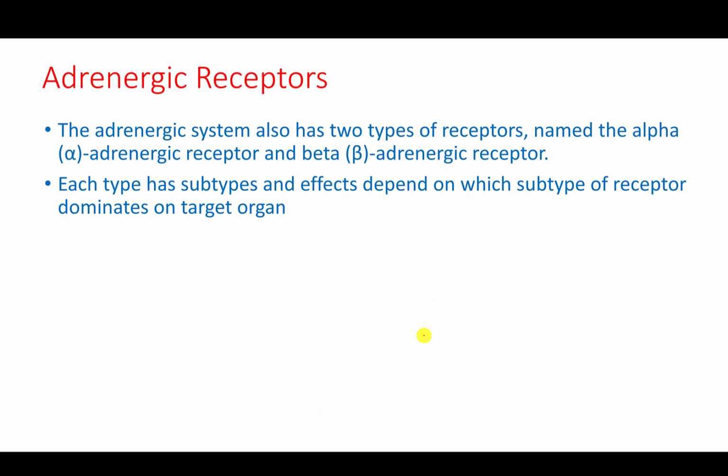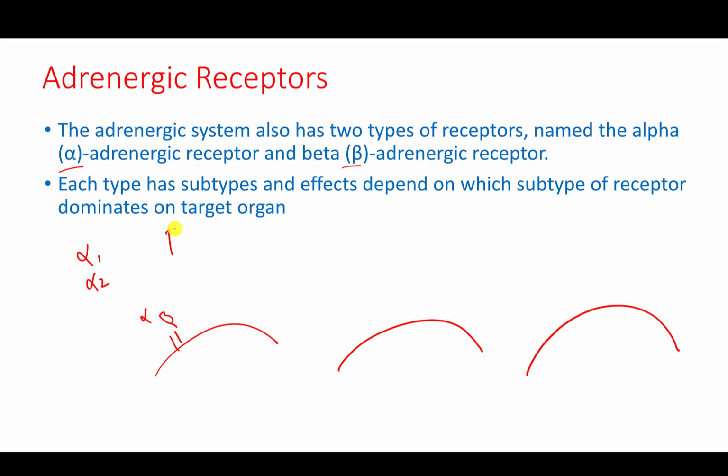For the adrenergic system, also we have two types of receptors. We have alpha receptor and beta receptor. And usually the cells of these organs would display the two types, alpha and beta. However, we have subclasses of each one. So we have alpha 1 and alpha 2, whereas beta, they are just 3, beta 1, beta 2 and beta 3.